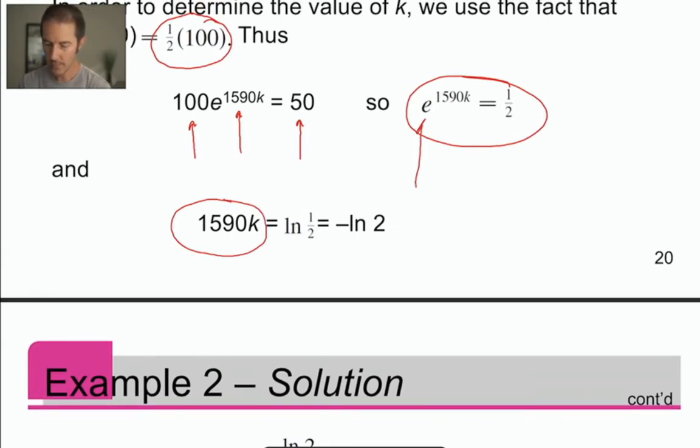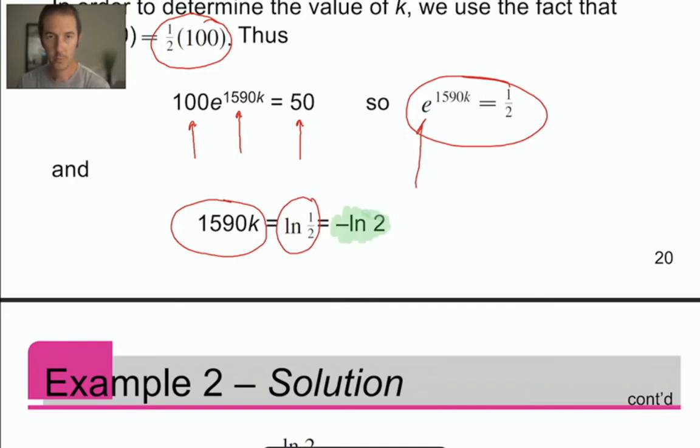And on the right-hand side, we're going to have the natural log of 1/2. The author here has elected to write the natural log of 1/2 as negative natural log of 2.